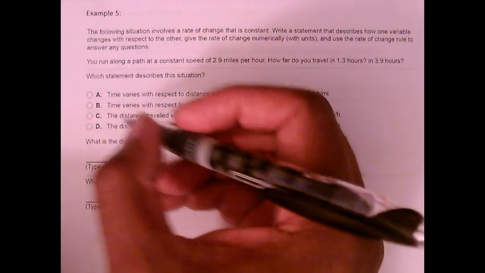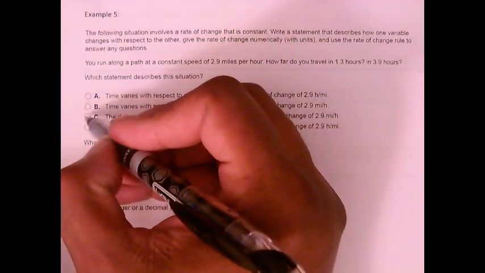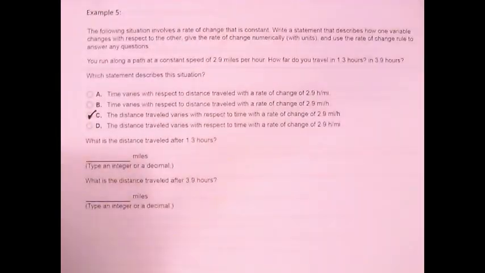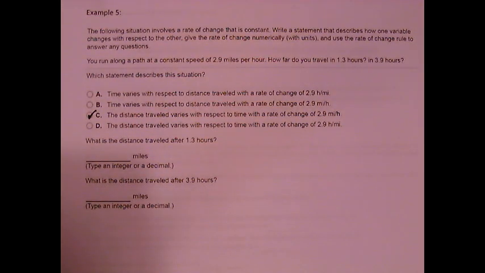So in this case, we're going to pick this choice right here. The distance that you travel will vary with respect to time, and the rate there is 2.9 miles per hour.